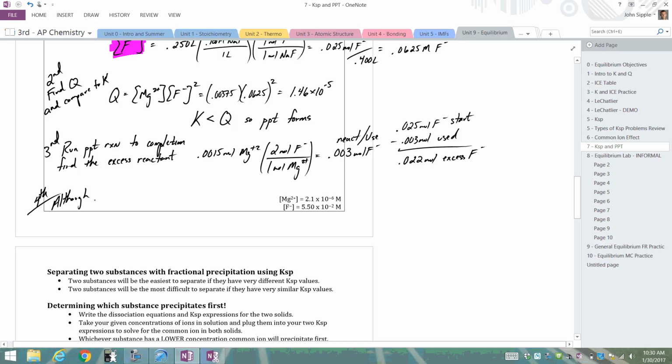All right, so the fourth step here is, and I'll write this out just to make sure that we're complete on this. Although we assume all the magnesium 2 plus goes into the precipitate, a tiny amount is still actually dissolved in solution.